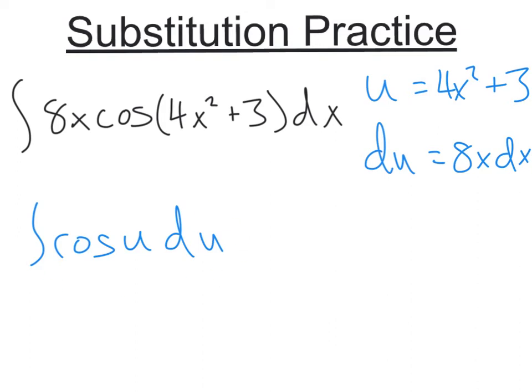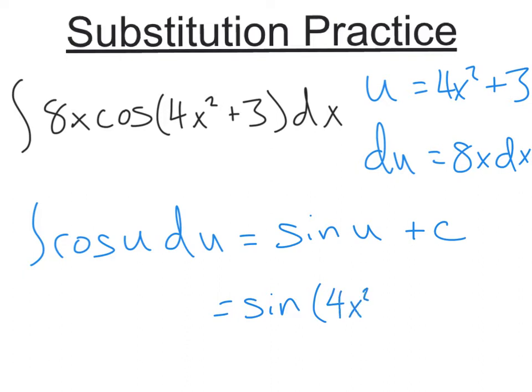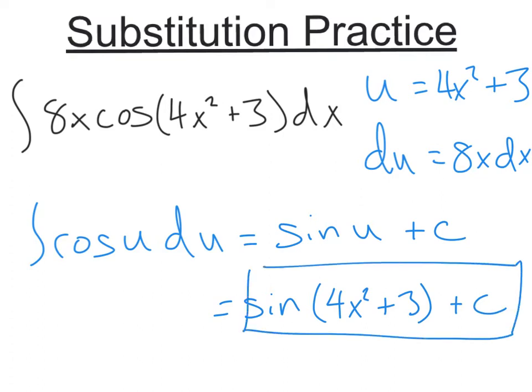This is a simple thing to integrate now because we know the antiderivative of cosine of u would be sine of u. Don't forget your plus c. And then translate this back into x's. We have sine of, remember u was 4x squared plus 3, and plus c. And that should be our answer.